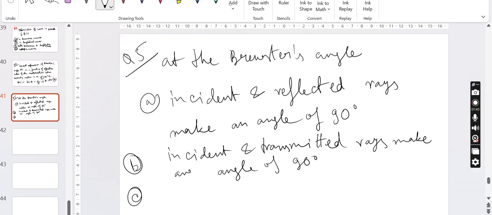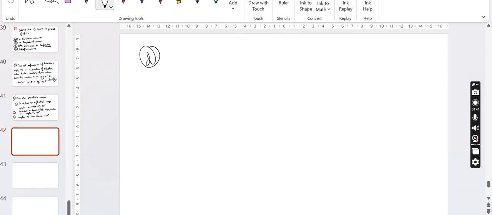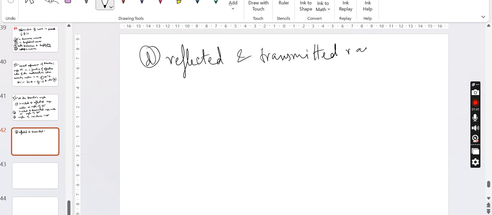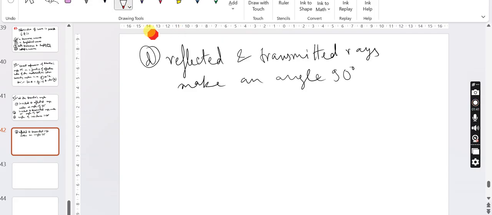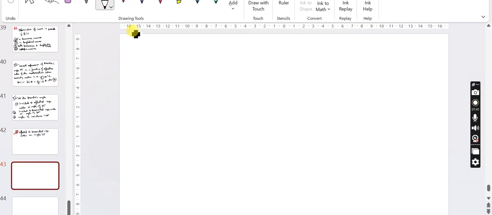C, angle of incidence is 90 degree. D, reflected and transmitted rays make an angle of 90 degree. So we know this is the correct answer. I have already derived it mathematically.